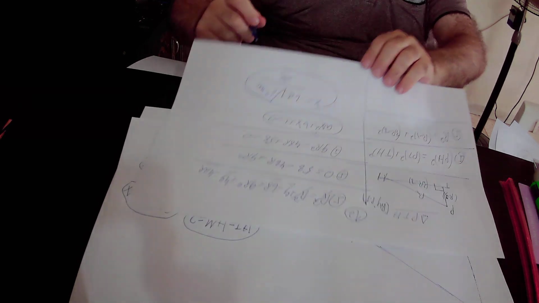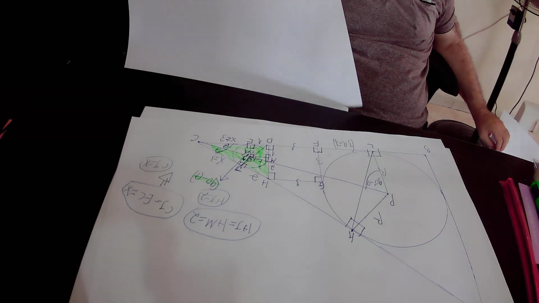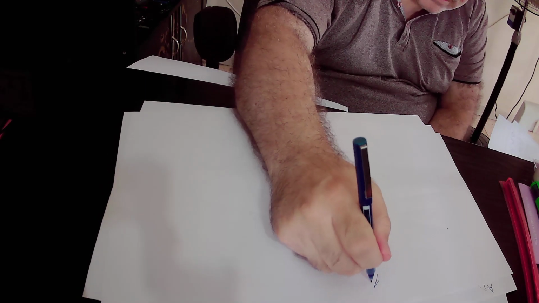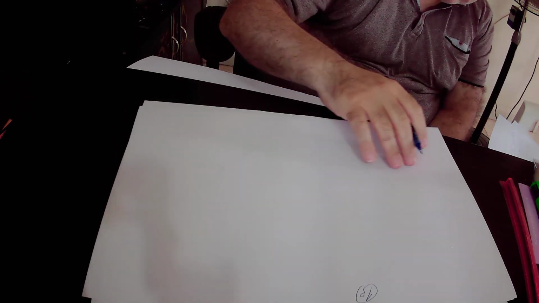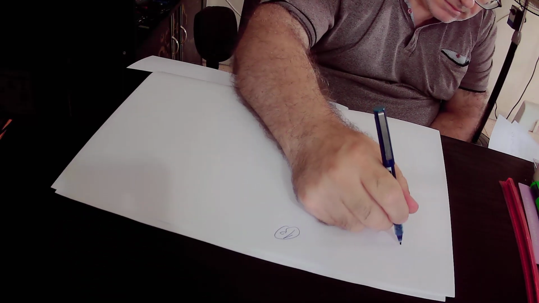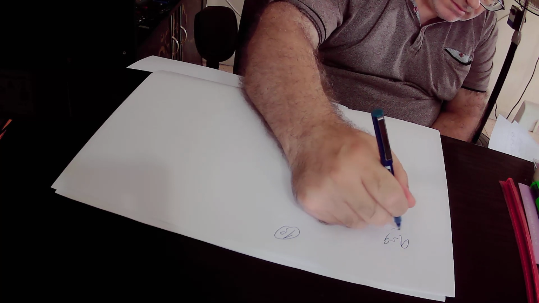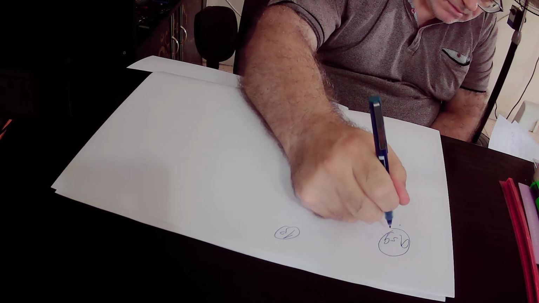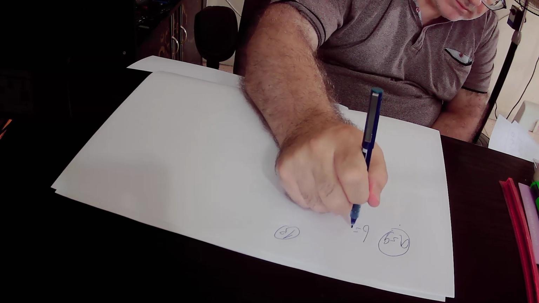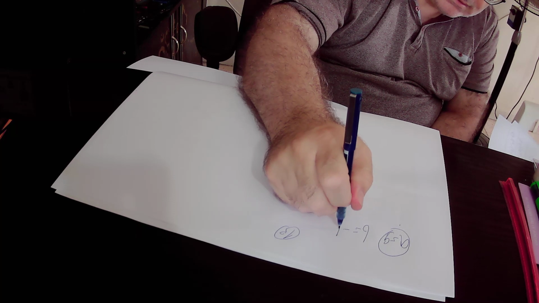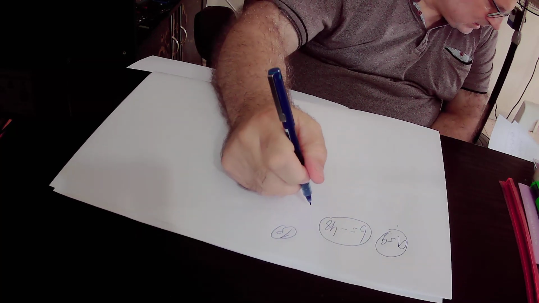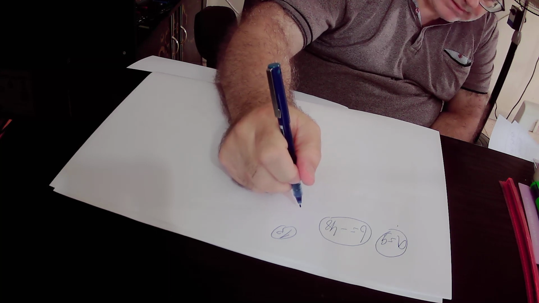In our specific quadratic equation, a is equal to 9, b is equal to minus 48, and c equals 58.